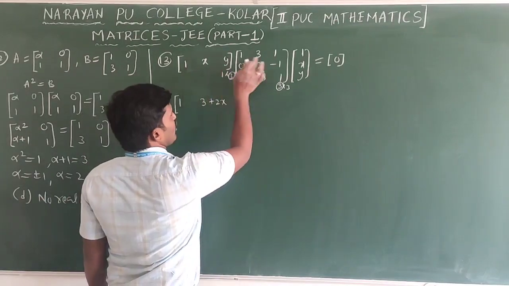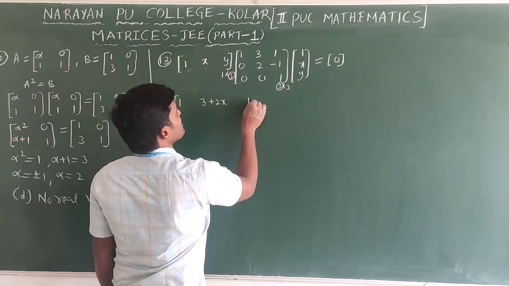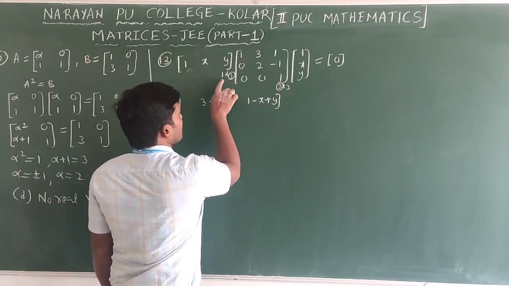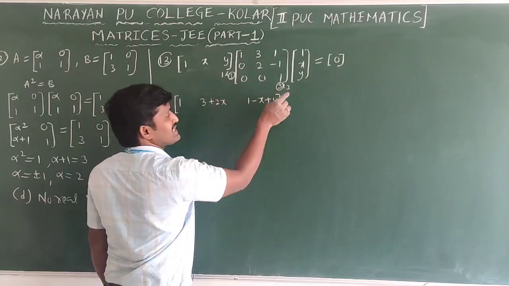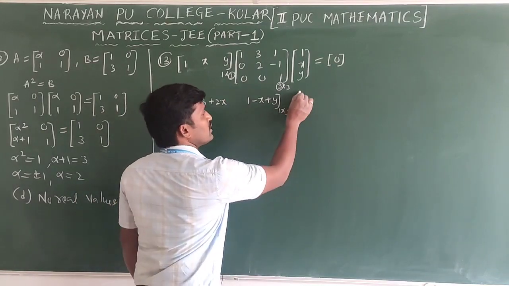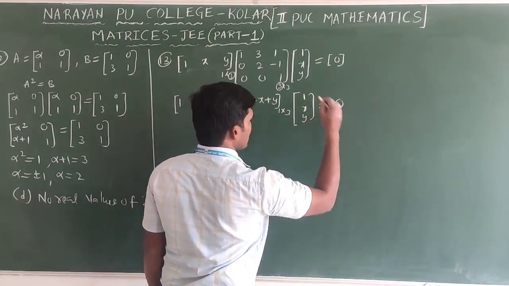Next, the same row with third column: 1 into 1, 1 plus x into minus 1, minus x, y into 1, y. After that we again get which order? 1 by 3. One row, 3 columns we got, into what is the other matrix? 1 x y, equal to a 0 matrix.